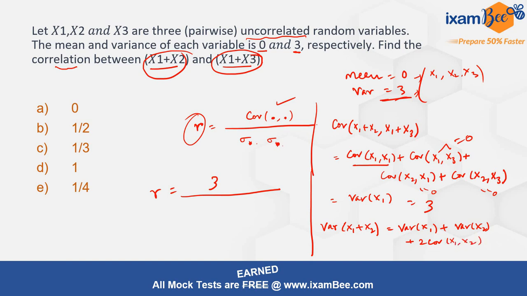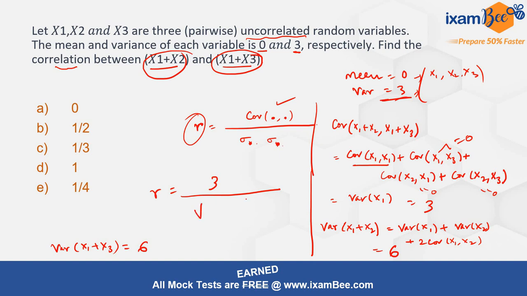The covariance we know is 0, so it's the variance of x1 plus the variance of x2, which is 3 plus 3, which is 6. Similarly, you find the variance of x1 plus x3, and again you will get the variance to be 6, because the covariance is 0.